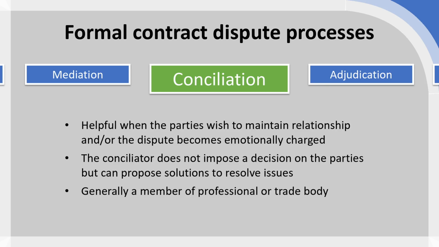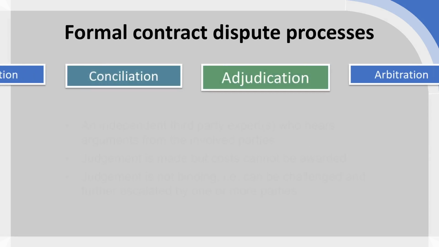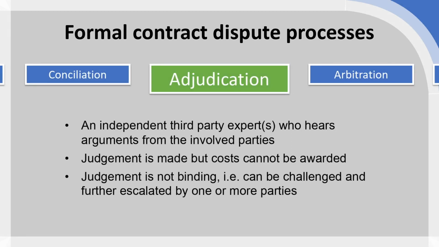So those two are closely related, mediation and conciliation, but the next two will be a significant step up, and presumably the dispute would have escalated to the point that mediation and conciliation, representing assisted negotiations, was not sufficient to resolve the dispute.